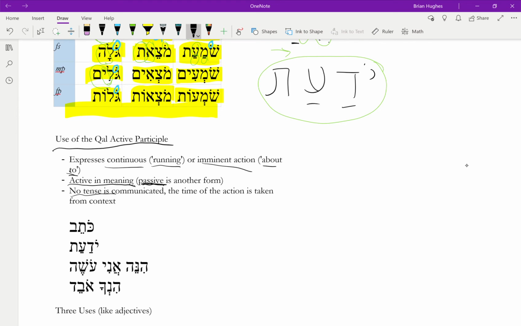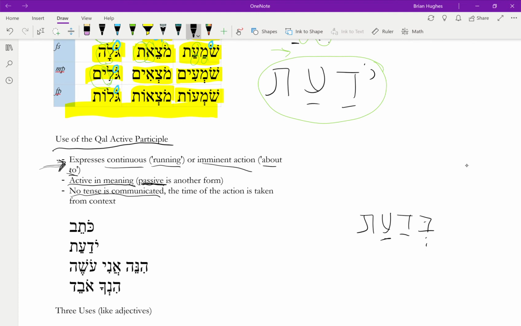Just a reminder that no tense is communicated here. This is primarily related to what type of action we are dealing with, and continuous or imminent action is what we're dealing with. Remember, the time of the action is taken from the context, and so there's going to be other markers. Maybe you've got a bet preposition on an infinitive construct to start a sentence.